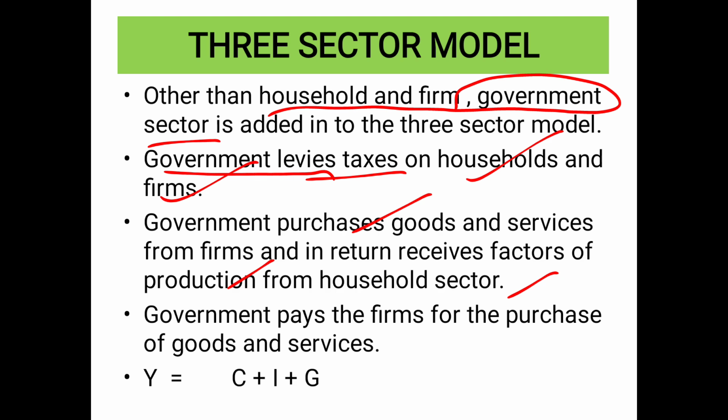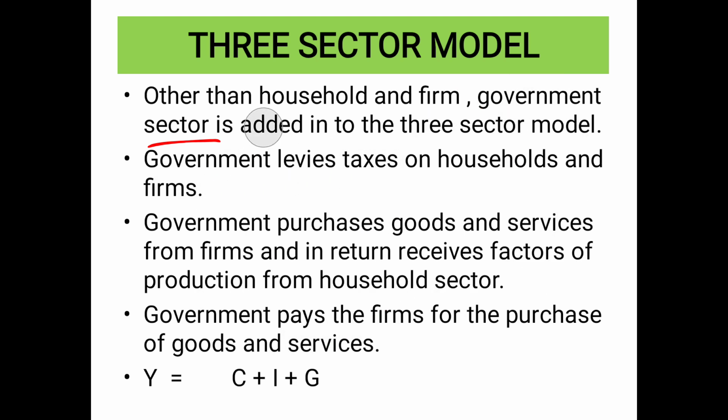So who is supplying the factors of production? It is the household. What is the government's work there? Government purchases goods and services from the firm. So government plays a firm role in the purchase of goods and services. So there's an equation, Y is equal to C plus I plus G. Can you recall in the two-sector economy what the equation was?